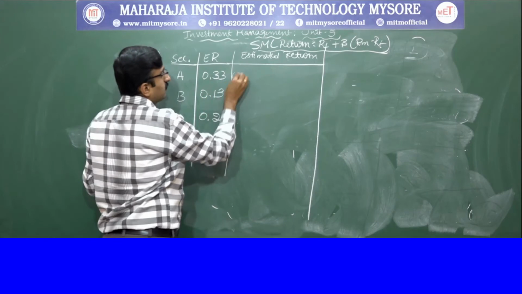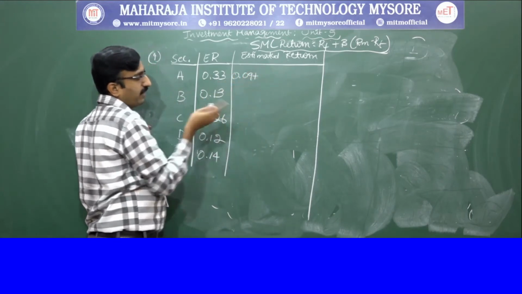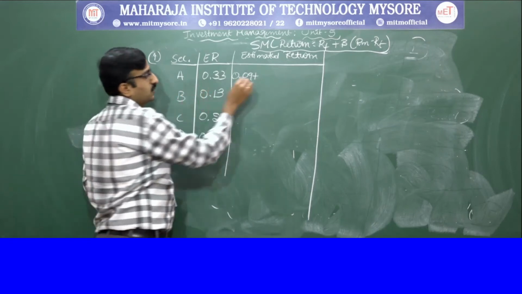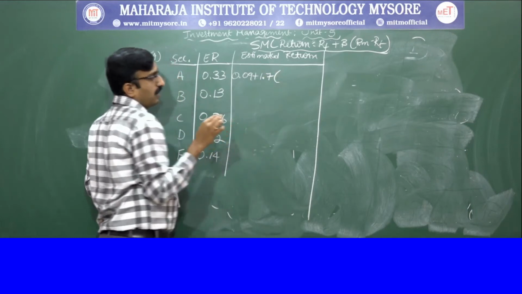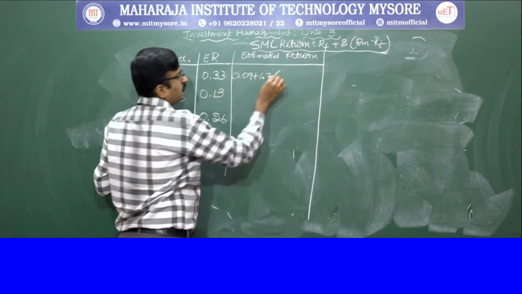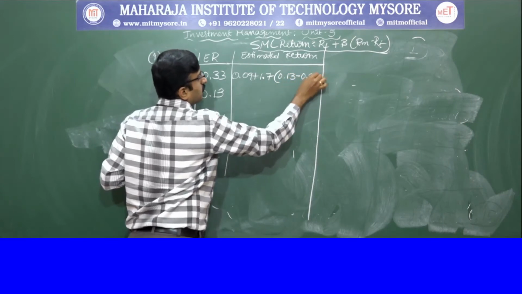So here the risk-free return is 0.09 plus beta, which varies from one security to another. We have 1.7 for security A, into the market return of 0.13 minus 0.09.